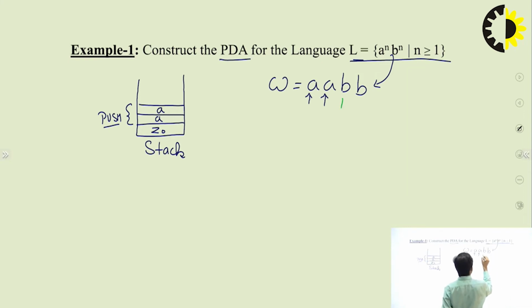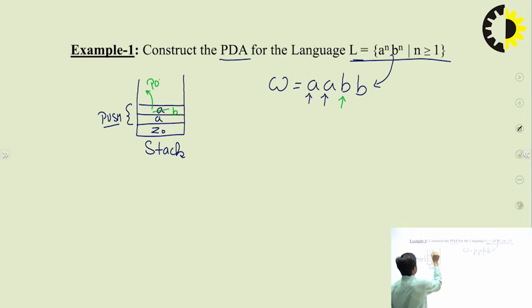Next symbol is B, and on top of the stack is A. On seeing A, this A will be popped.